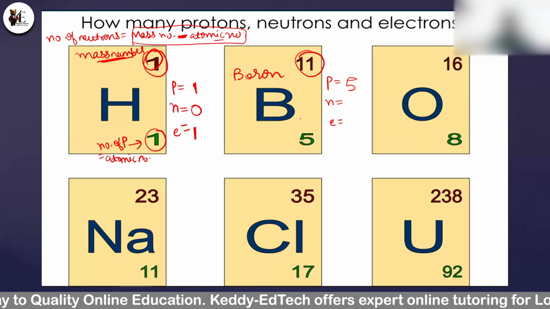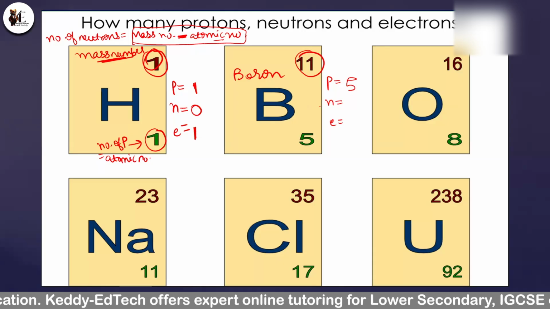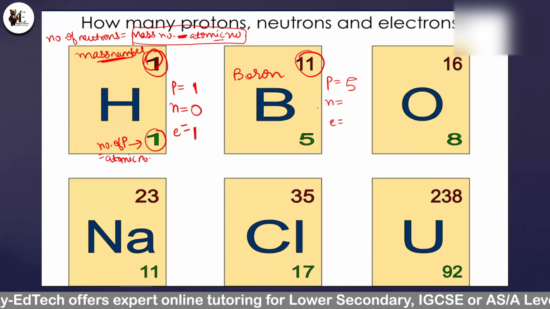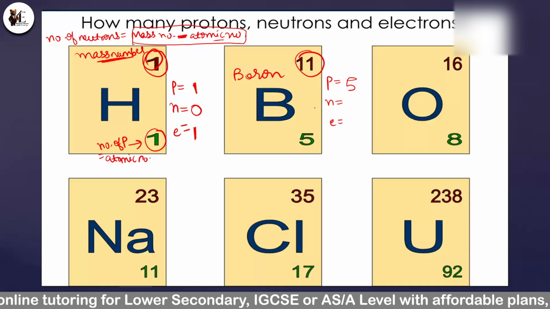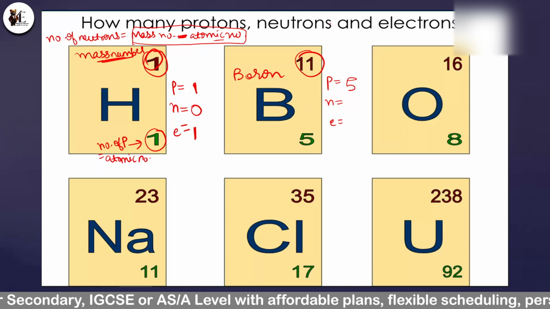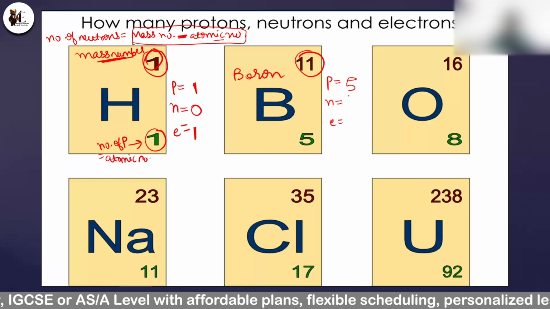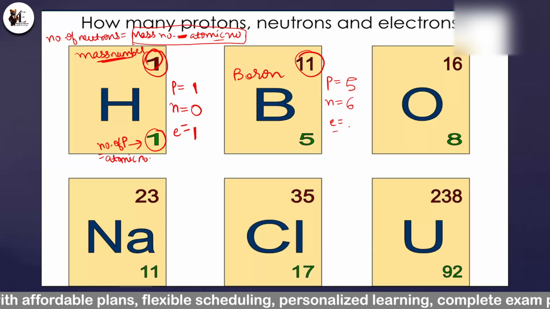So 11 minus 5 is 6. Number of neutrons is 6.